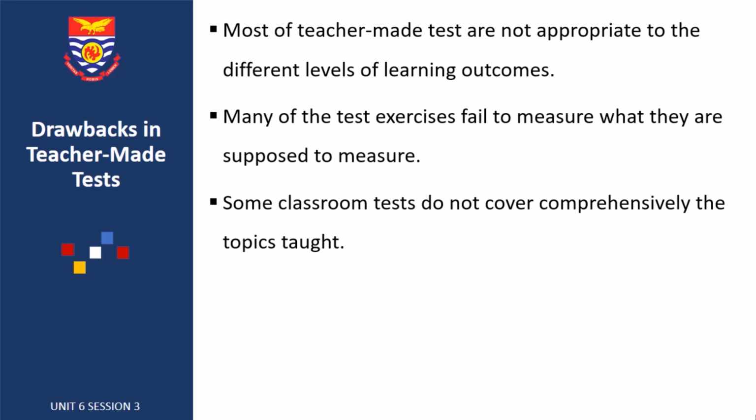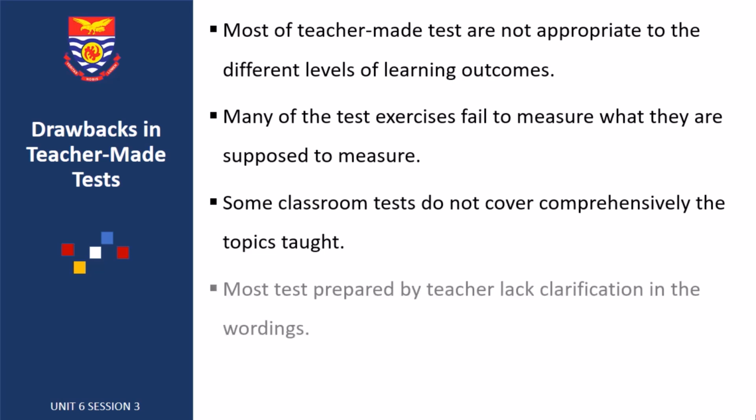And so once the questions are only on knowledge, it does not cover comprehensively what has been taught, and it becomes very difficult for you to make use of such a test to make a decision concerning the student's learning. You cannot just use the outcome from such a test to take a decision concerning your students, because they were lacking a whole lot of things that were supposed to be considered.